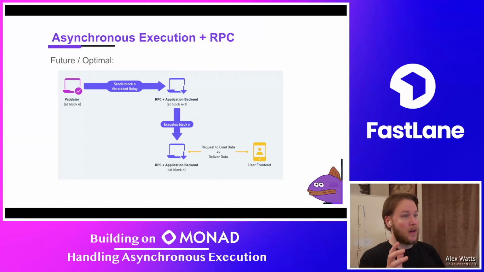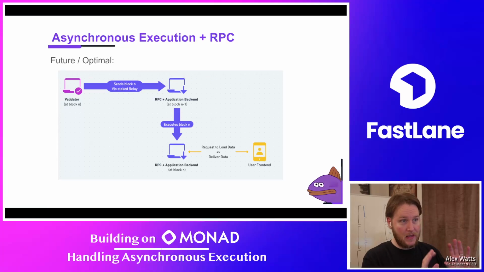You also don't have to worry as much about overloading, or about caching state or anything like that. The entire thing gets a little bit smoother, and the data flow to the app backend itself is now limited to just the actual block, right?